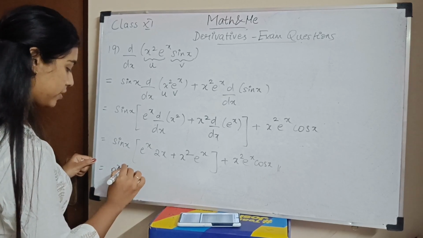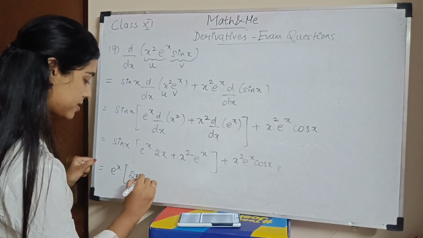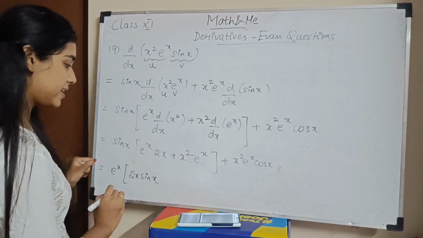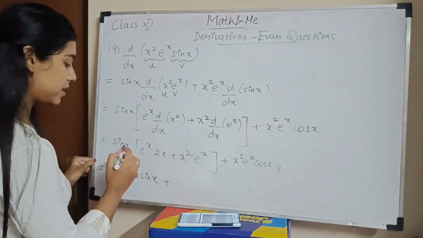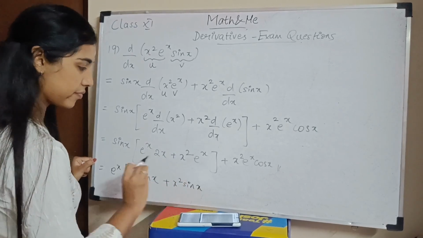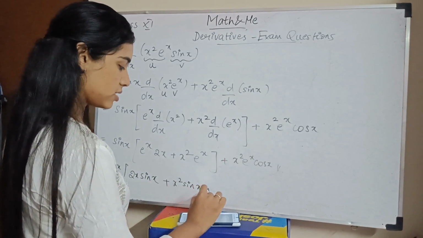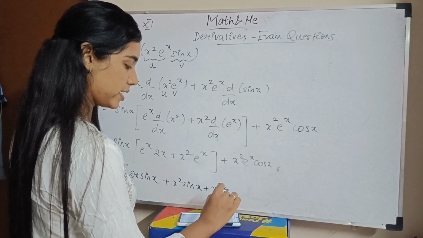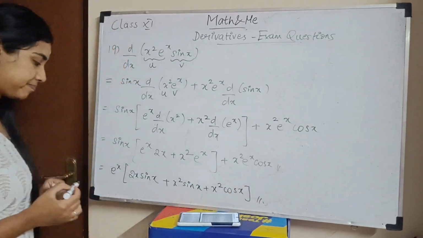So you have e to the x of 2x sin x plus x square sin x. And in this term when e to the x is taken out, you have x square cos x. So plus x square cos x.